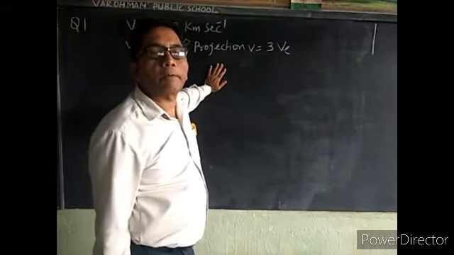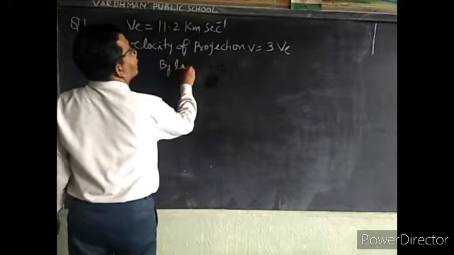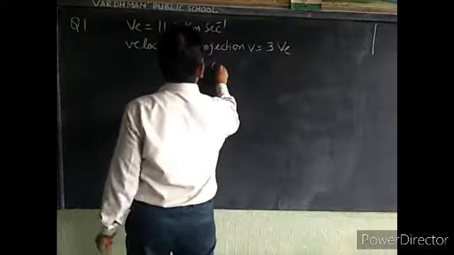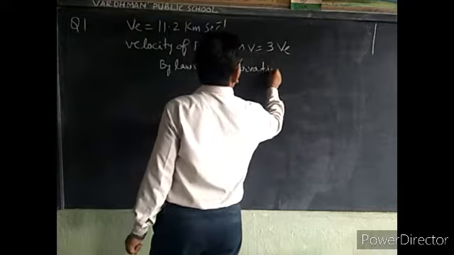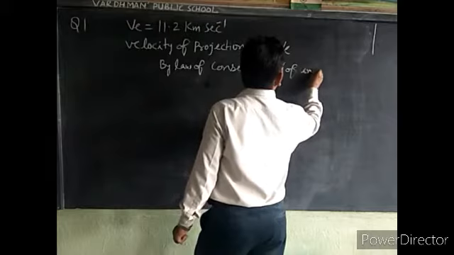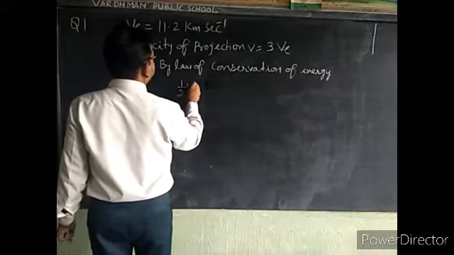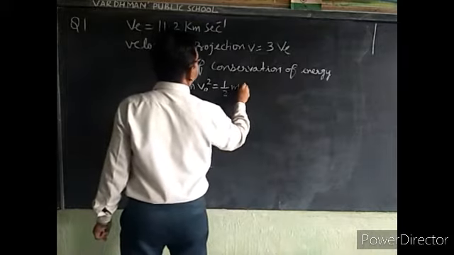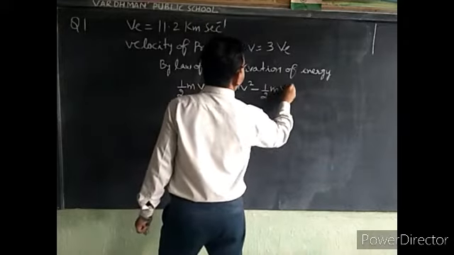Then by the law of conservation of energy, half m vo square is equal to half m v square minus half m Ve square.